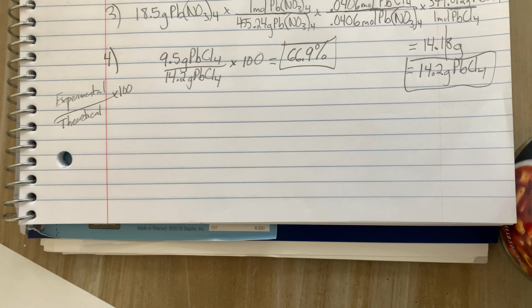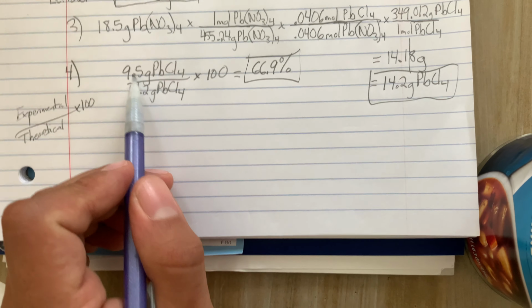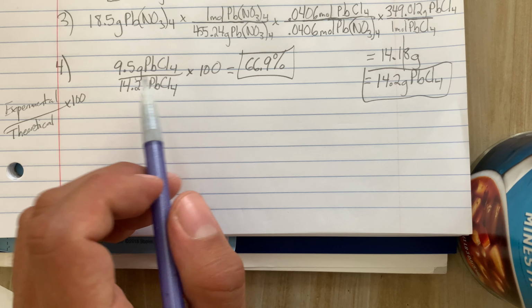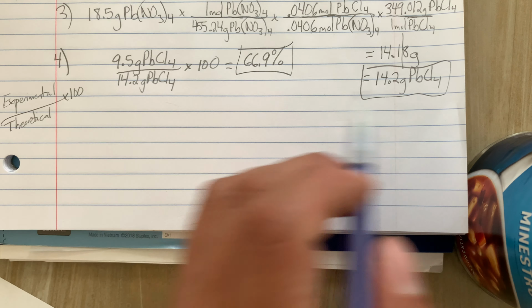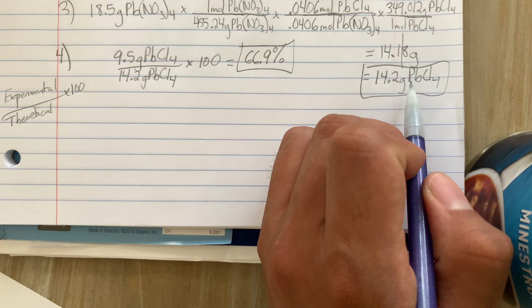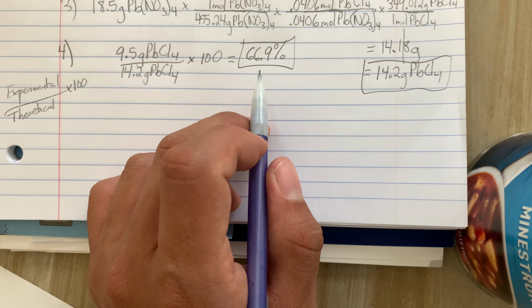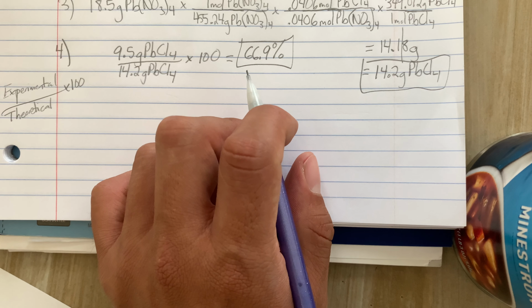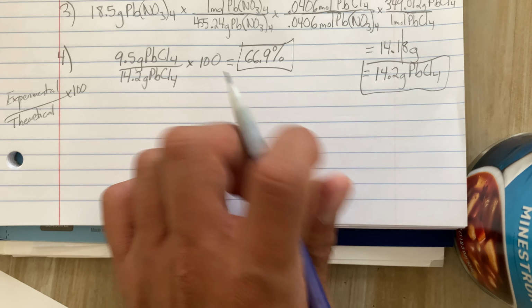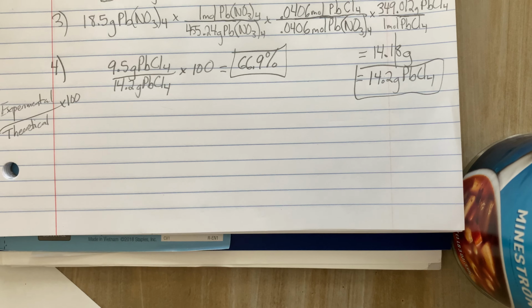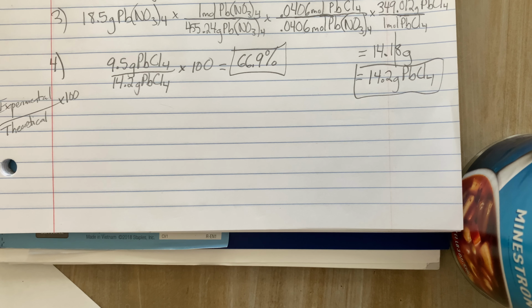It just gave us the experimental value, which is 9.5 grams of lead chloride. You divide by our theoretical, which is what we calculated in the previous question, and that gets you 66.9% yield in this expression, okay? So I know it was a lot. Take a chance to look back through and let me know if you have any questions.